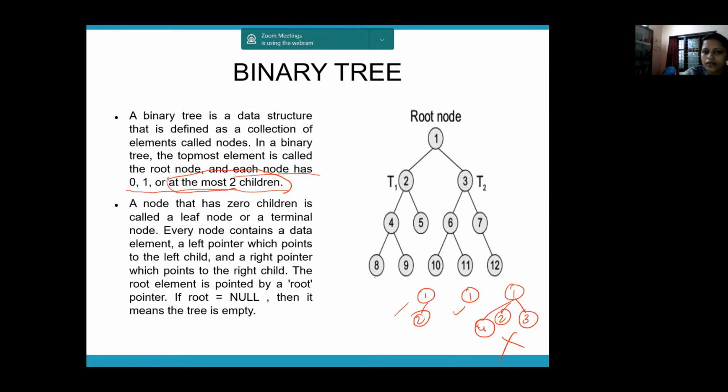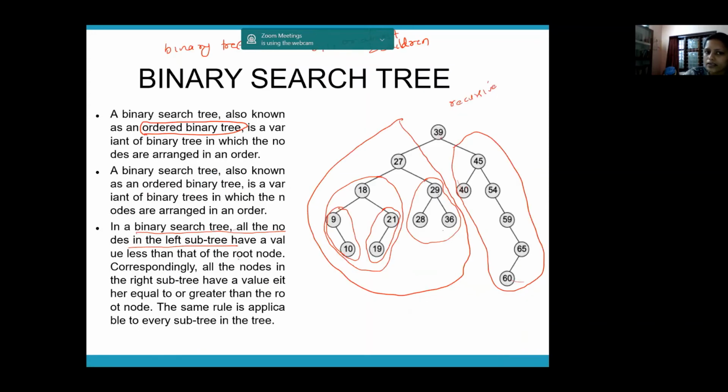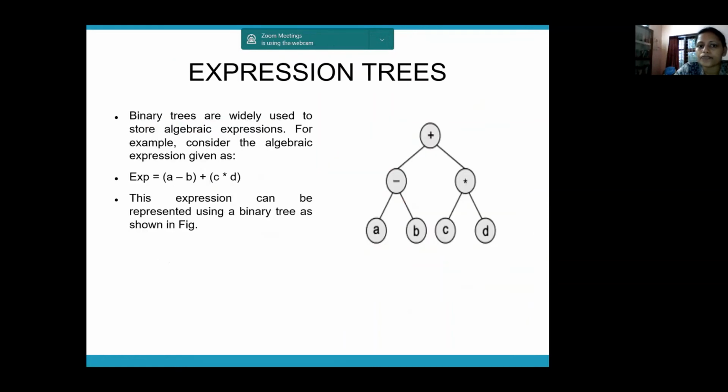Binary tree is a tree in which each node has this property that it can have 0, 1 or at most 2 children. Binary search tree is an ordered binary tree in which all the values in the left subtree will be smaller than that particular node and all the values in the right subtree will be greater than that of the node. Right? And the expression trees are binary trees, which are used to store arithmetical expressions.